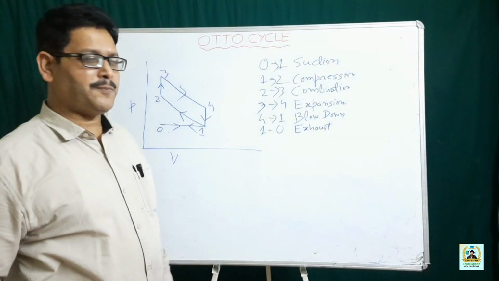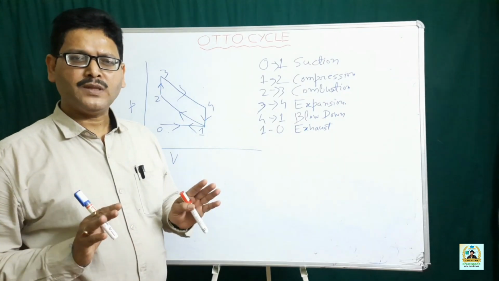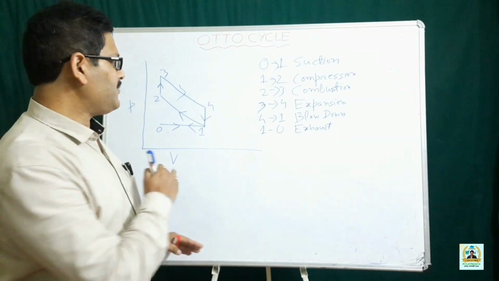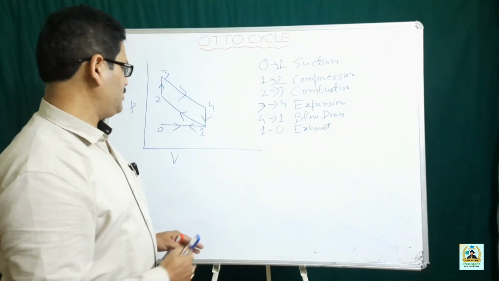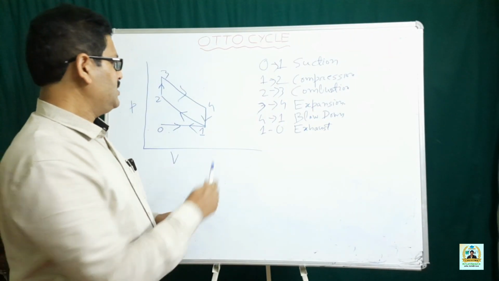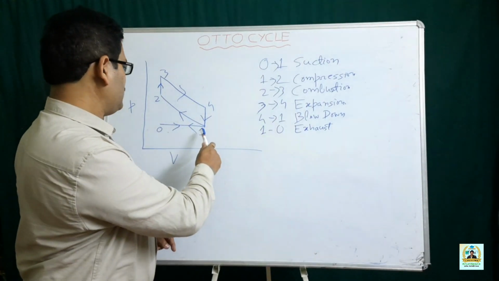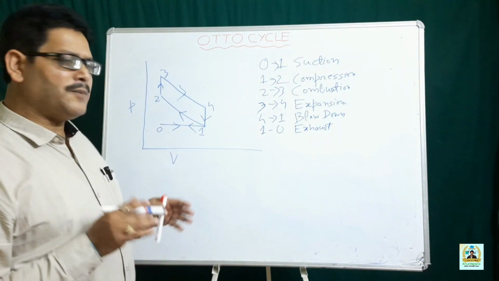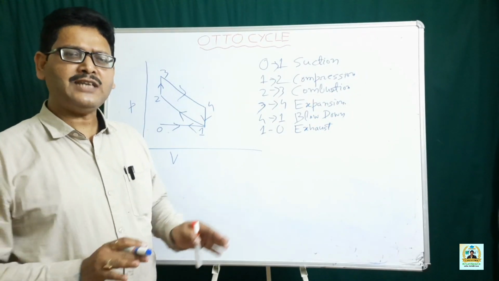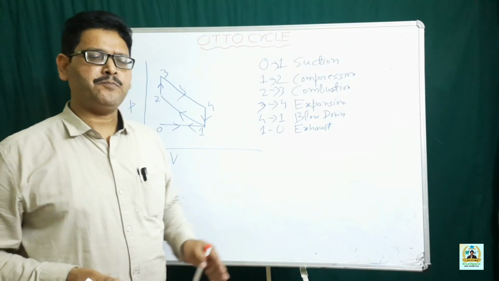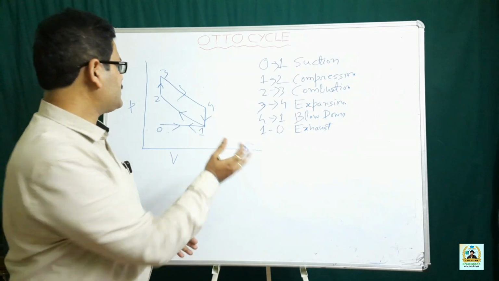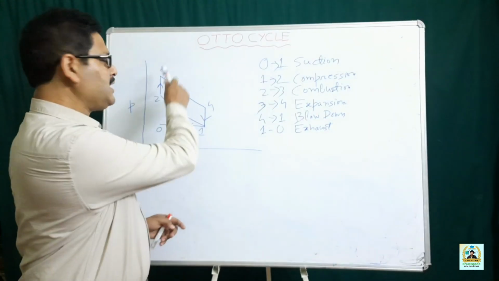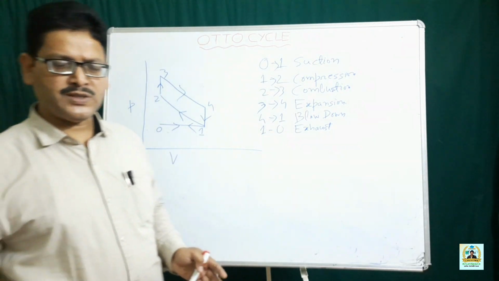0-1 represents the suction process in which the air-fuel mixture is drawn into the system. 1-2 represents the compression process. In the compression process, the charge which is drawn into the system during the suction is compressed to the clearance value. 2-3 represents the combustion process.